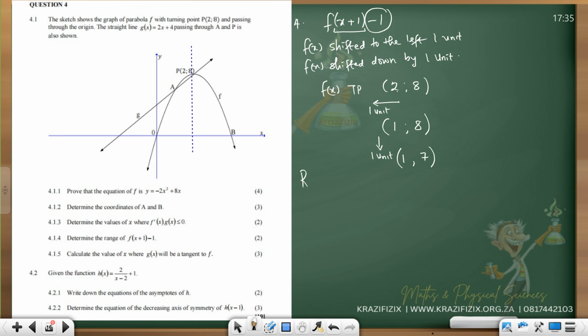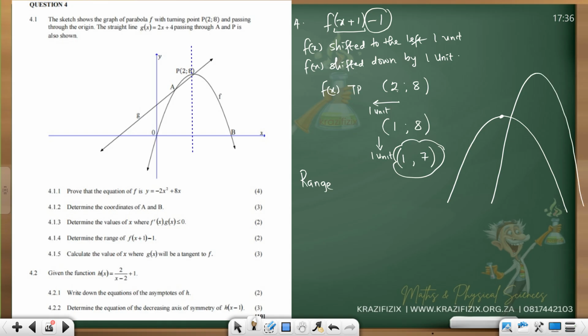So what is my range? Remember, this point is still maximum. We have only shifted. We had shifted left 1 unit, down 1 unit. All right? So my range will be from here. So we still have a point which is called the max.